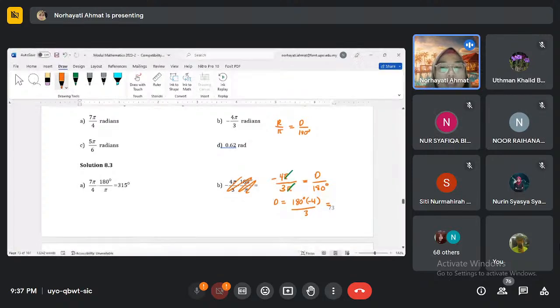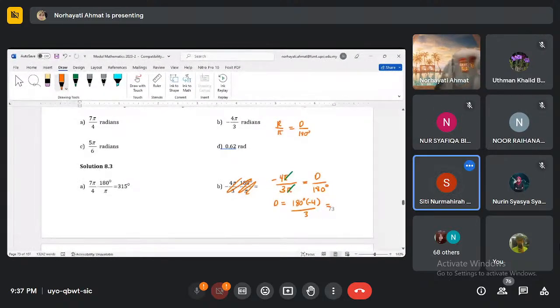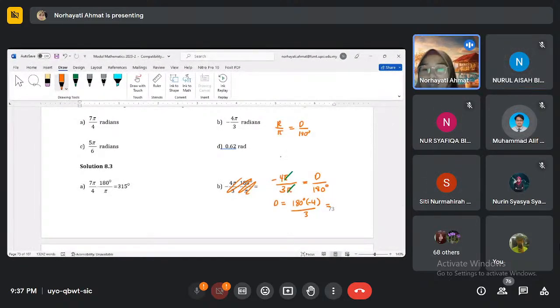Yang lain dapat sama ke? Ya, sama. Okay, jangan lupa dia punya unit. 240 degree. Oh, negatif dia hilang. Negatif kena tulis juga, jangan lupa. Okay, negative 240 degree.